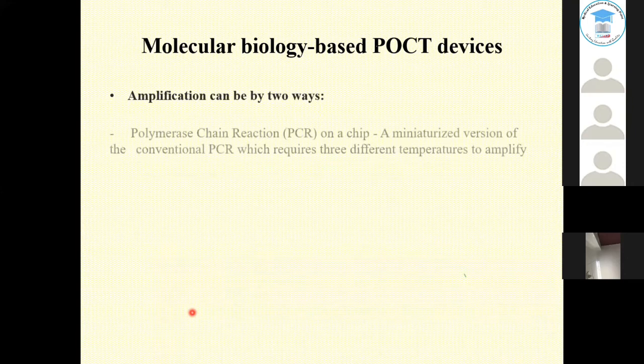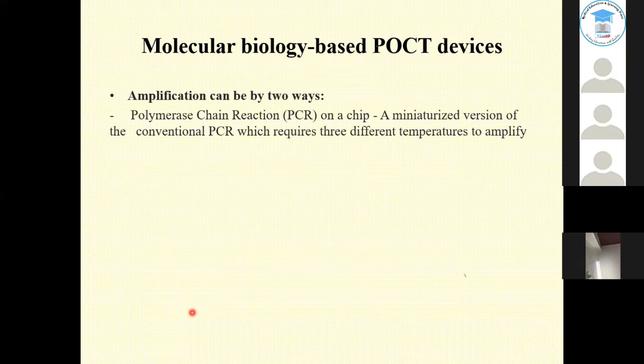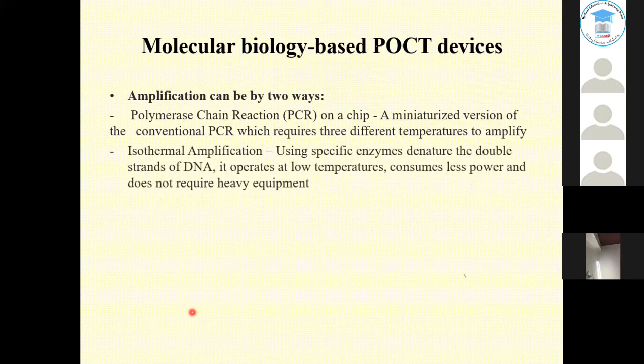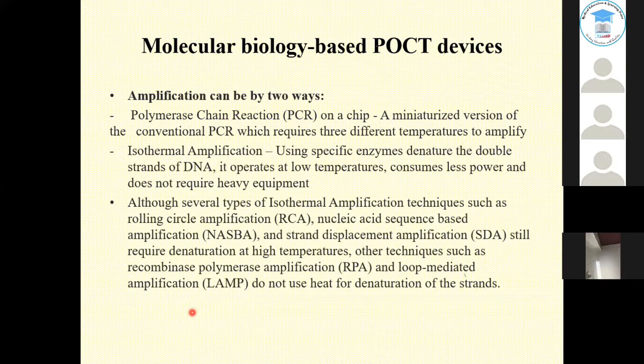So the amplification for POCs may be done by two ways. One, that is the PCR on a chip, which is a miniaturized version of the conventional PCR. And secondly, by isothermal amplification, where the entire amplification occurs at a single temperature.